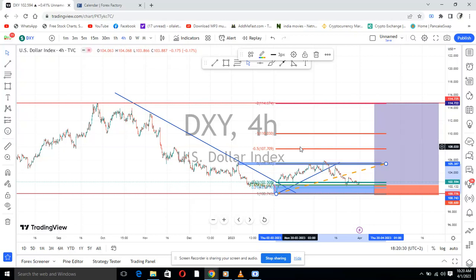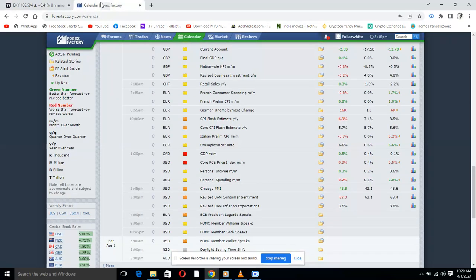In as much as I can spot out this information, I will rather wait for one day of the New York session to form before I take any decision either to buy or to sell, because I need to see the activity of people in the market combined with fundamental analysis.